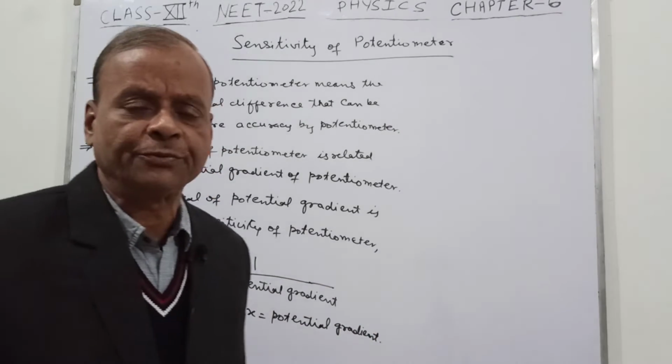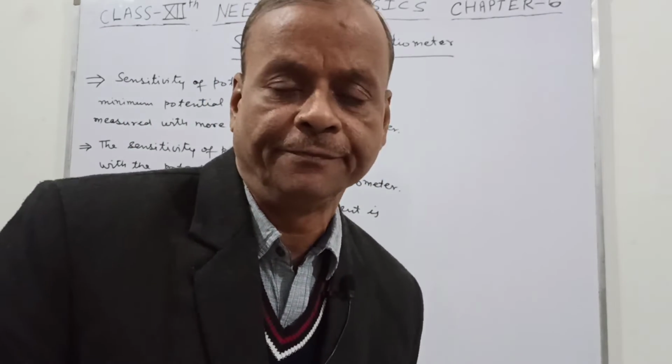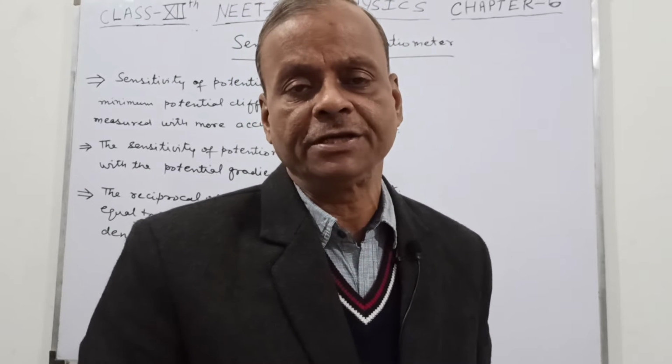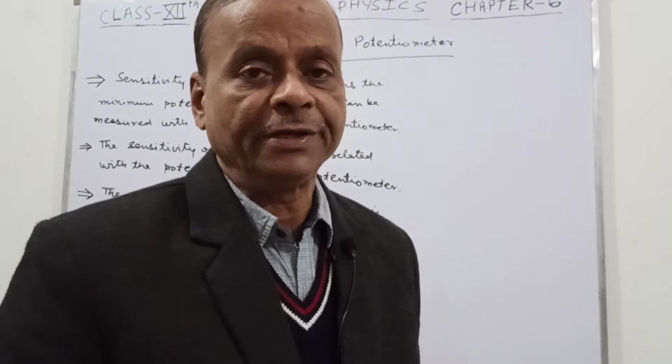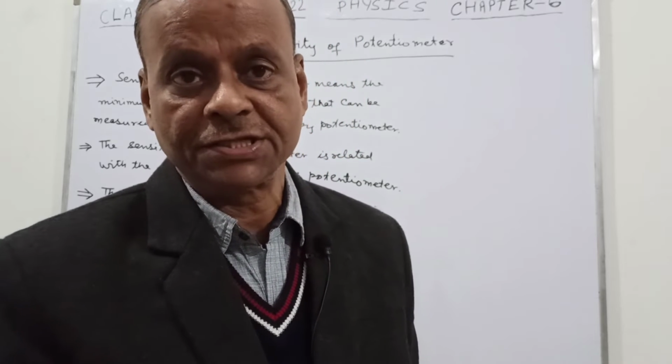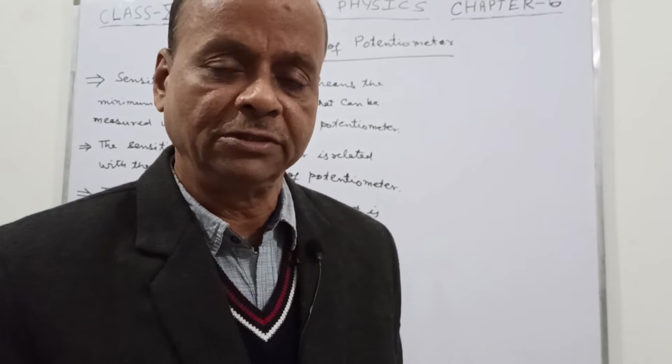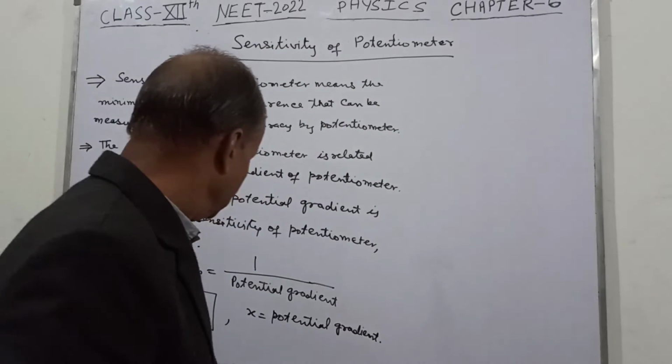In some books, the potential gradient is written by K. So you have not to confuse that this is denoted by x here. The x does not mean the length, but this is simply the potential gradient, the potential drop per unit length of the potentiometer wire.